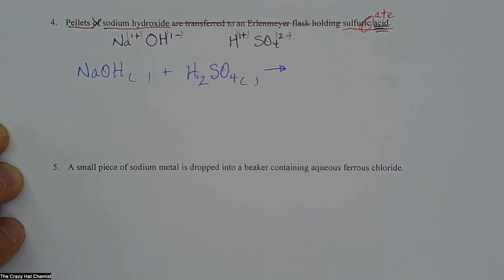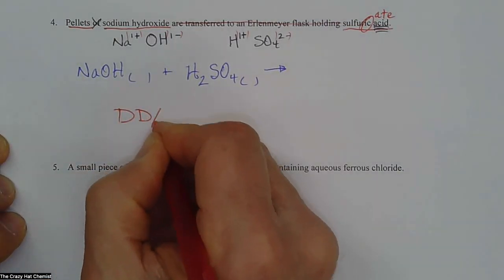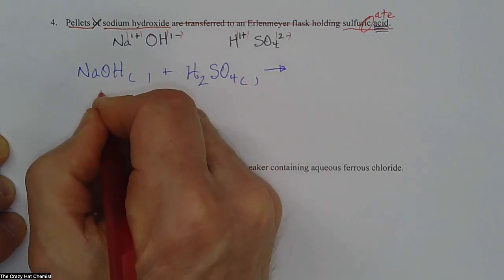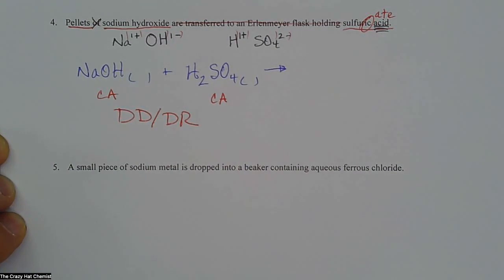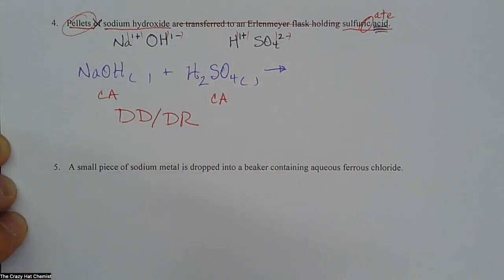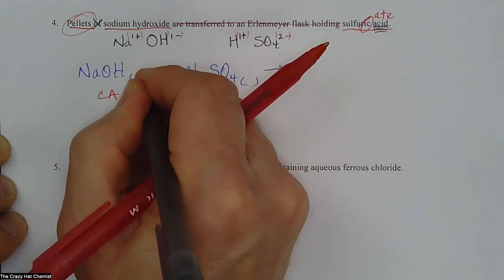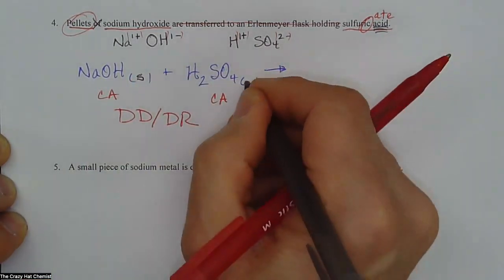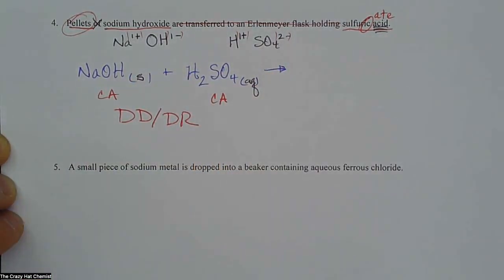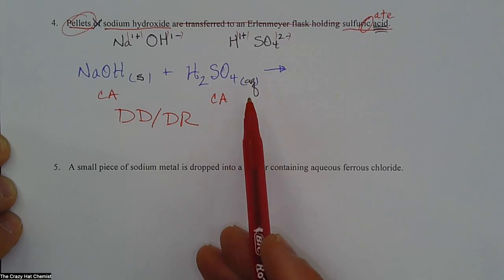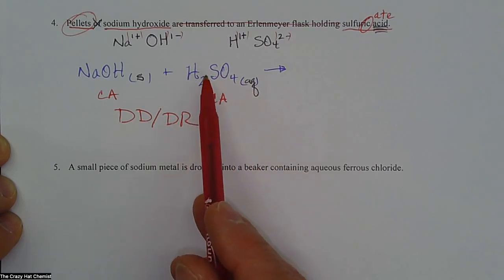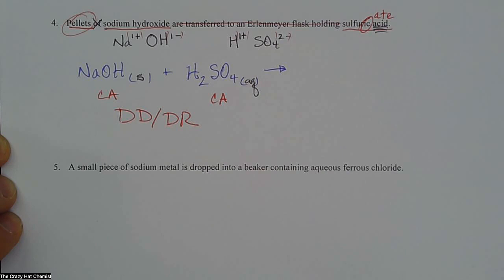Okay, and we're going to write down the type of reaction, and this is a double displacement or double replacement reaction. You can see that this is a combination of cation and anion. And pellets means that this is a solid, and all acids, for our purposes, are going to be aqueous. You do need to watch my video playlist series on acid nomenclature so that you understand this nomenclature and how to write that formula as well.